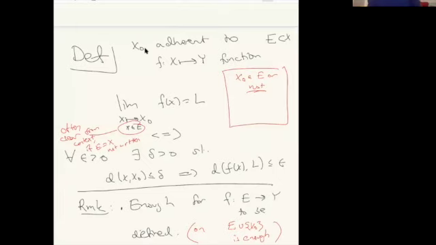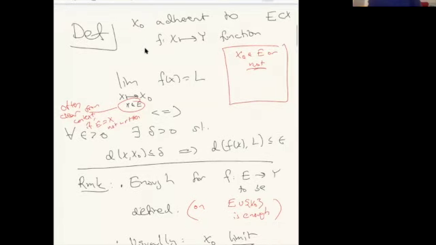Now, there's a small technical point here that you'll find differences in different books. I think the majority of books actually add a little condition here, distance bigger than or equal to 0. Terence Tao does not do this, and the reason is that he has x_0 adherent to E. These are not very different concepts.